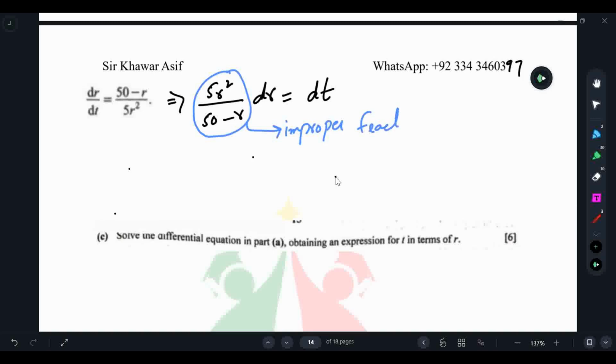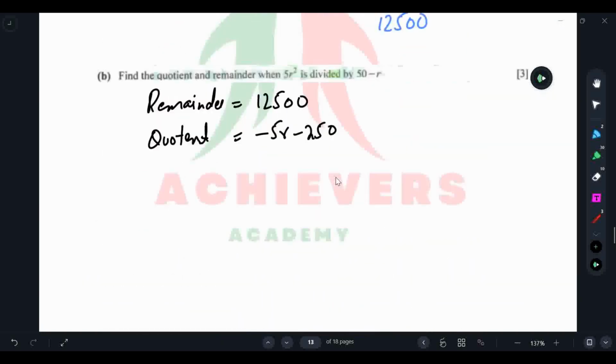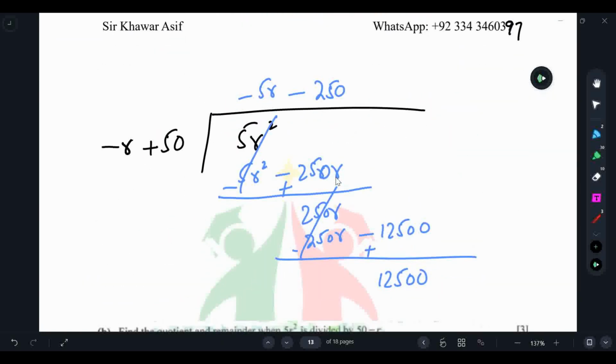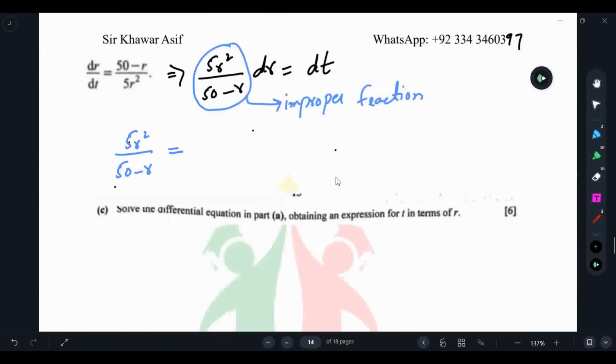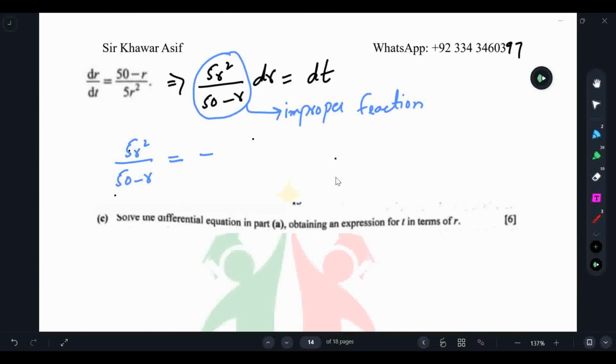So we need to divide it first, and in the B part we have seen that 5r squared by 50 minus r was equal to minus 5r minus 250. We can use the previous answer.